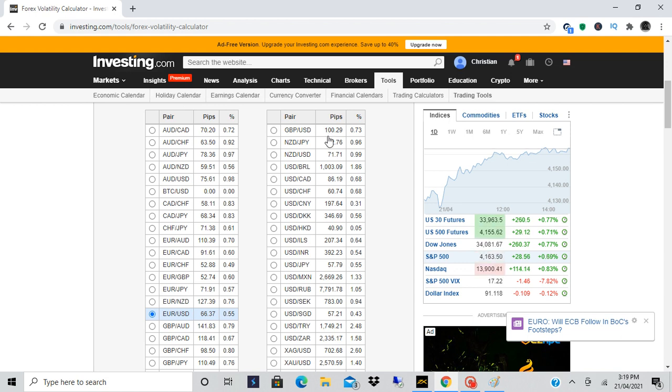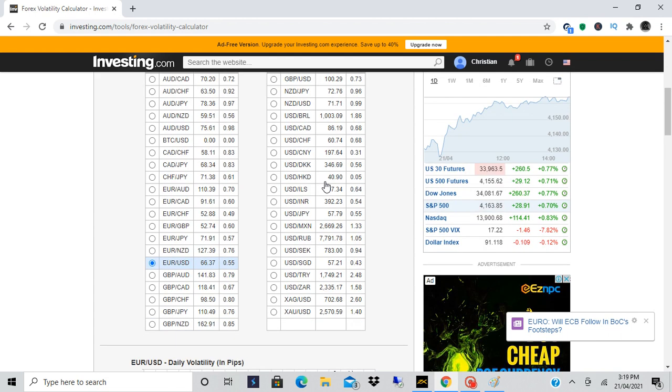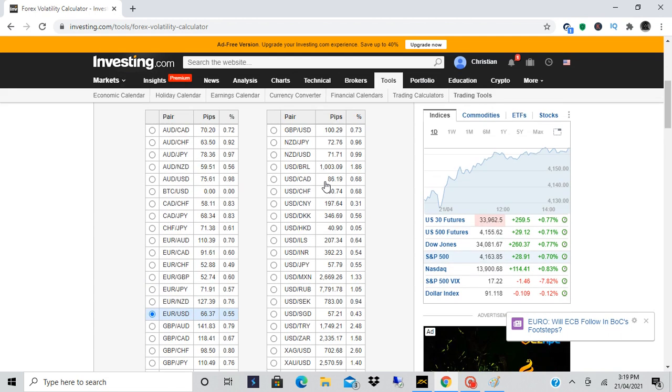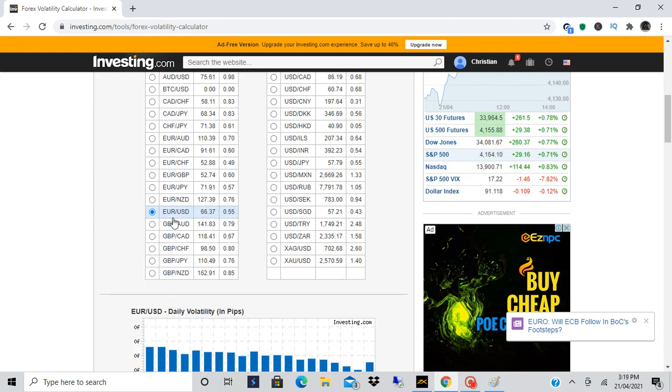If I want to use the USD CAD, an estimated value of 86 pips, right? So I come here sometimes and I check out the average of a candlestick. As you can see, the euro here has an estimated value of 66 pips for the day. So they just give you a period.